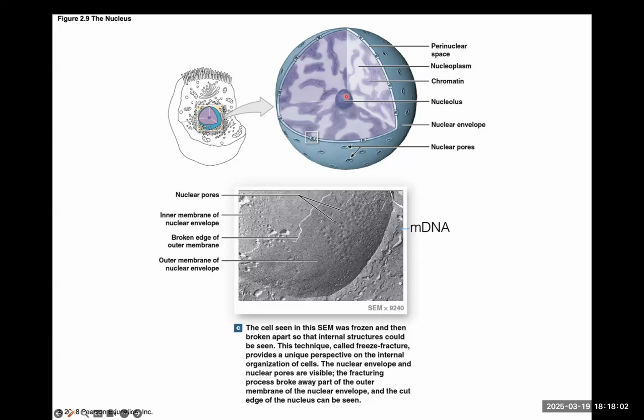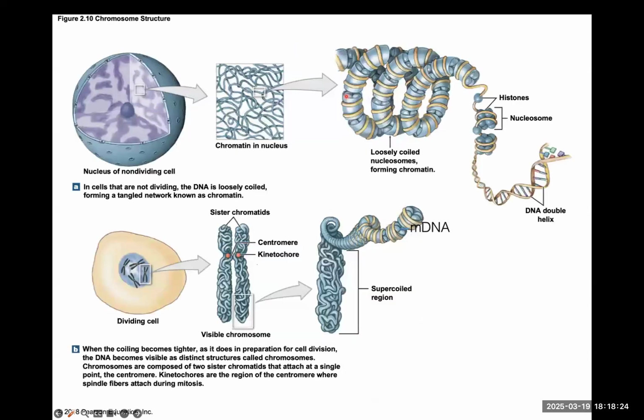So what's in the nucleus? The nucleus is going to house all your genetic information. So all your DNA, all of your nucleotides, those A's and T's and G's and C's, those are the nucleotides: adenine, guanine, cytosine, thymine. They're going to link up and turn into something called chromatin.